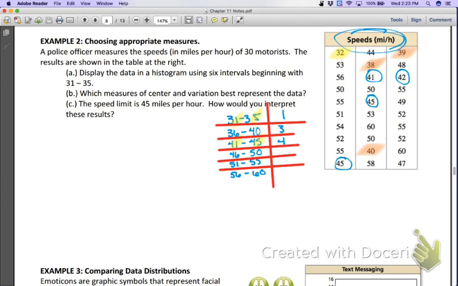How many in the 46 to 50 range? 1, 2, 3, 4, 5. 6? Yes? No? Maybe?